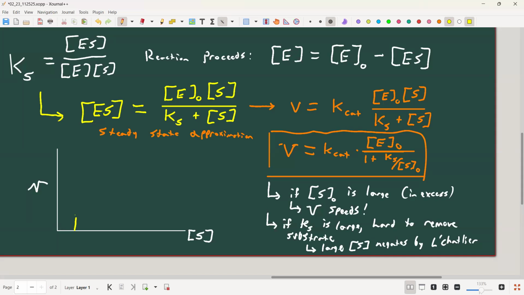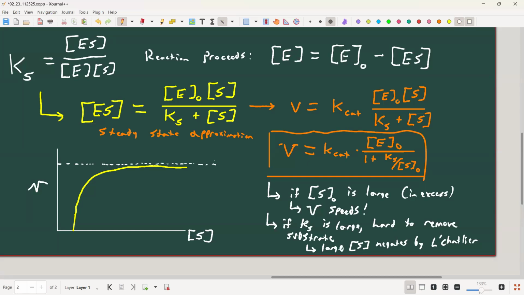So this should be linear initially. So what's going to happen is the rate's going to increase. And then the Ks over S naught starts to kick in and get large. Well, what's going to happen is it's going to start to roll off like this, right? And the idea is there's some limit. Right? There's some limit to how fast this reaction can go at some given epsilon, some given concentration of enzyme.